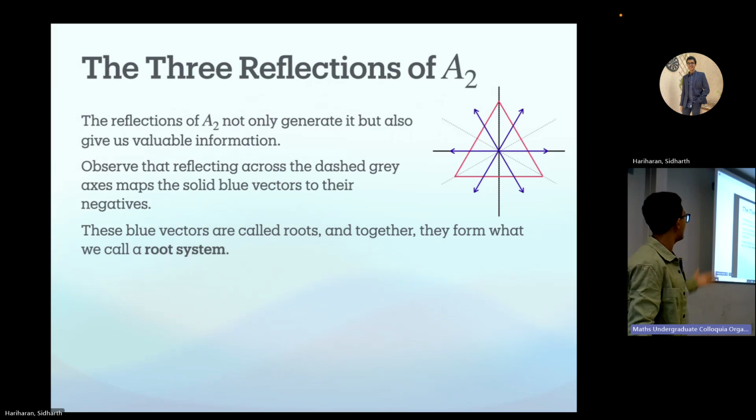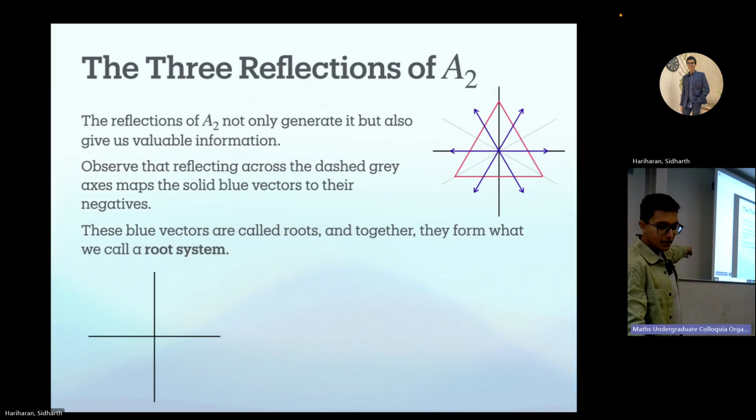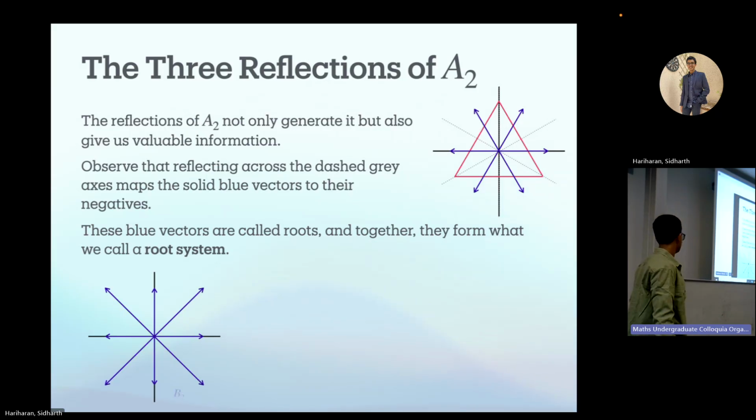Okay, so that's what these blue vectors are. And there are many examples of root systems. This is a root system that we call B2. What this corresponds to is the symmetries of a square. If you take a square, you can think about all the ways to transform it, and actually that's something that's generated by reflections. You can prove that.